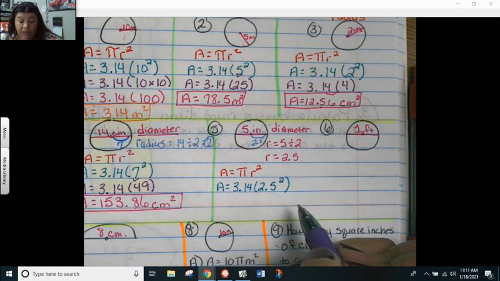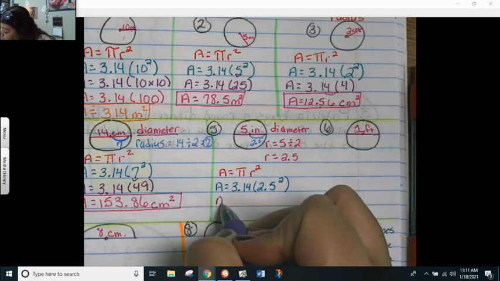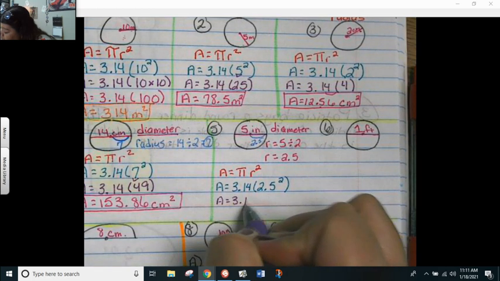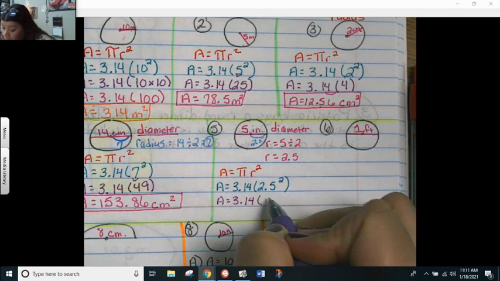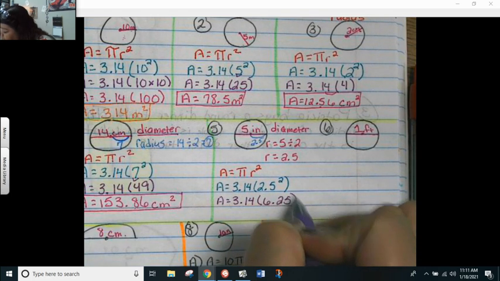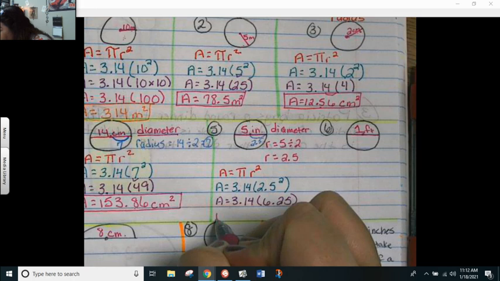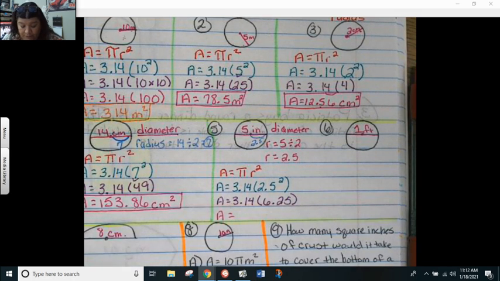Got it? Now we're going to go ahead and do the exponent. So area equals 3.14 times 6.25. Okay, that means 2.5 times 2.5. Okay, we got 6.25. And then the last step, go ahead and multiply that times 3.14.